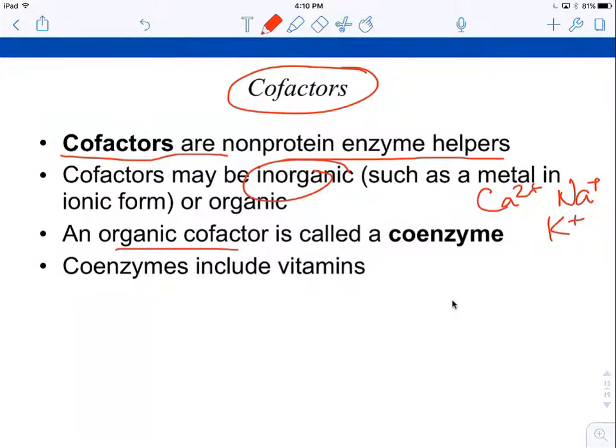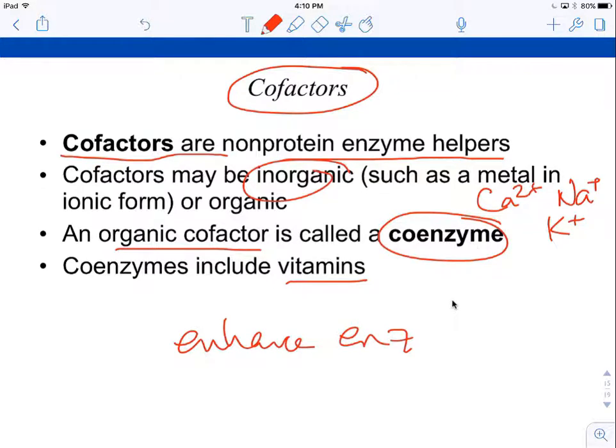And you can also have organic cofactors, and these guys are called coenzymes. Coenzymes are vitamins and other things like that. And basically, when they're present, they enhance enzyme activity. So make the enzyme function even better.